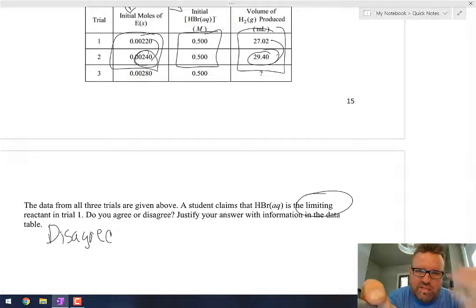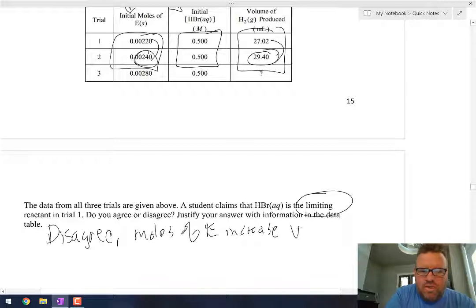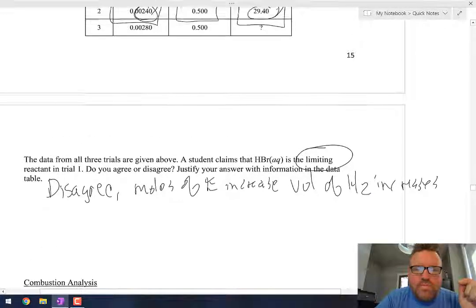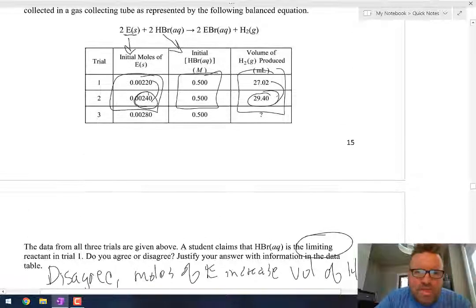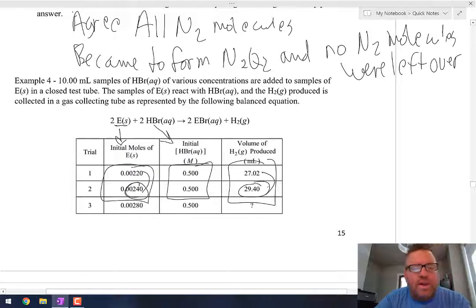Or you could say that as the moles of E increase from trial 1 to trial 2, the volume of H2 also increases. And that shows that it's E that, when it runs out, the reaction stops. So no real math there, but more of a thinking type question with limiting reactants.